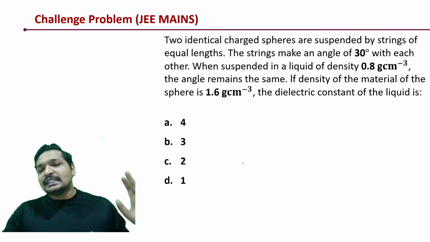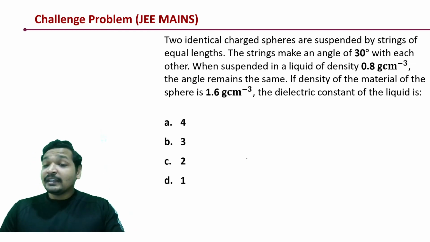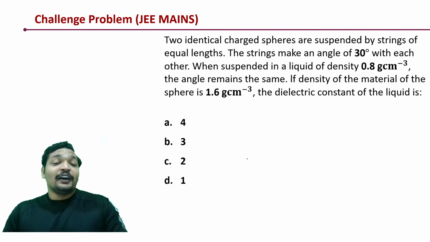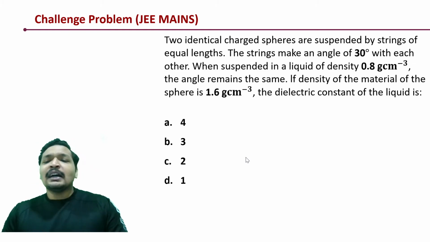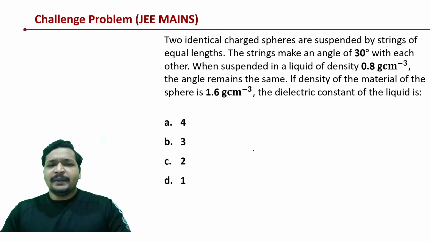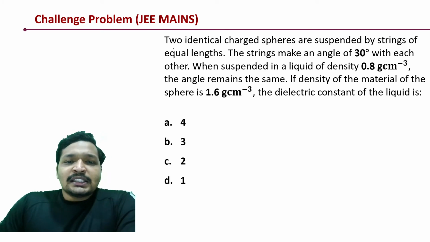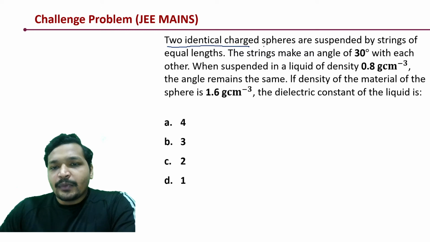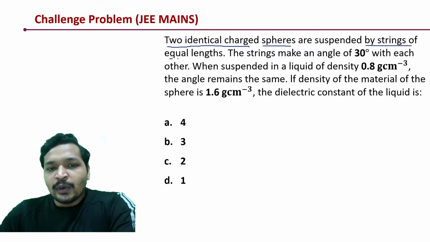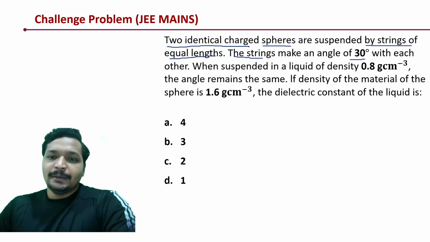It's a very easy, interesting question that you want to do to understand electrostatic forces, and it has been asked several times. So what does it say? There are two identical charged spheres suspended by strings of equal lengths, and the strings make an angle of 30 degrees with each other.